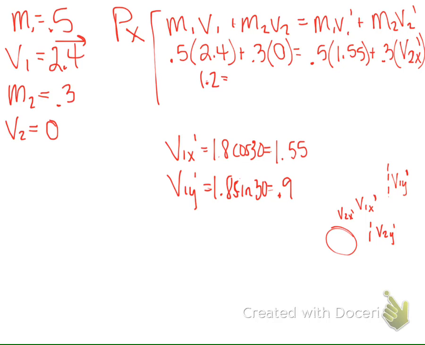Okay, and that's going to equal, what's this term right here give us? Okay, so we subtract that 0.775 over, divide by 0.3, which gives us a v sub 2x prime of what? 1.42.